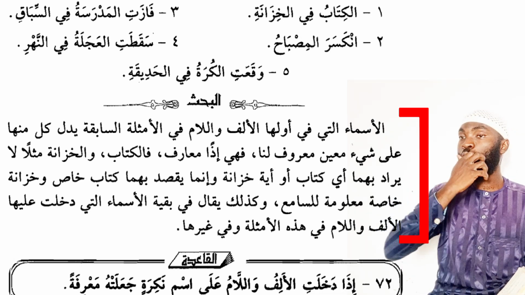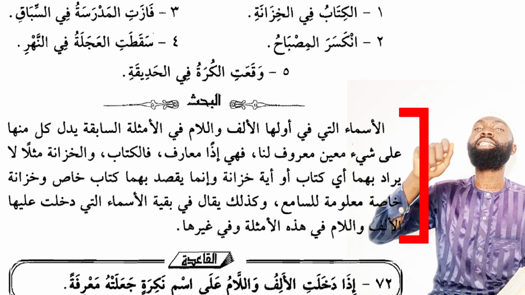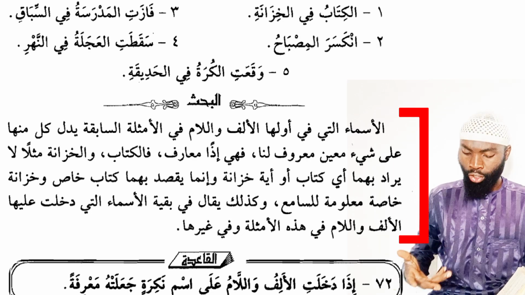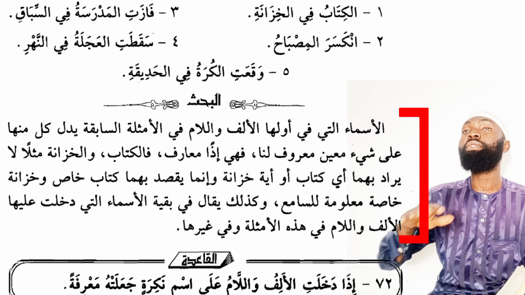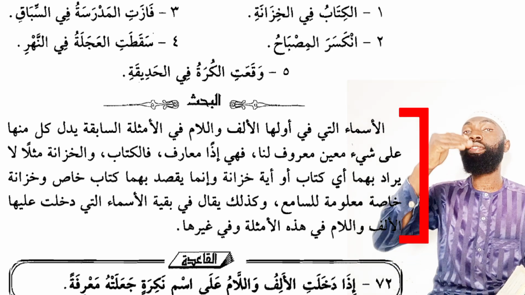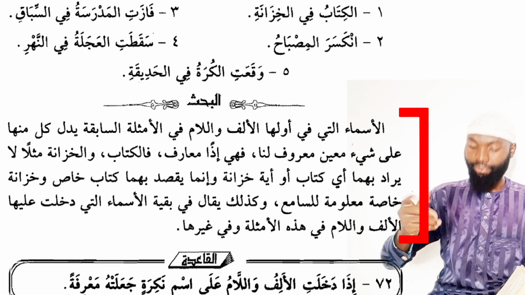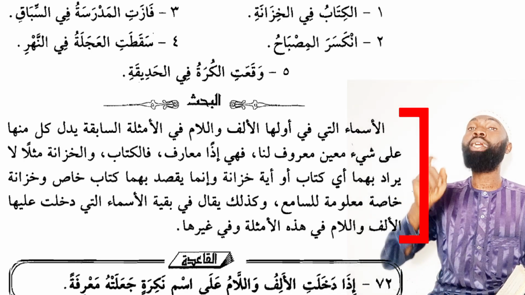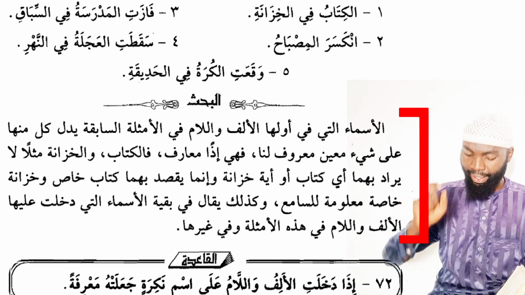Each of those nouns is pointing to a particular specific thing, ma'rufin lana, which is known to us, fahiya idan ma'arif. And because of this, all these nouns, since they are pointing towards things that we already know, are definite nouns, ma'arif.